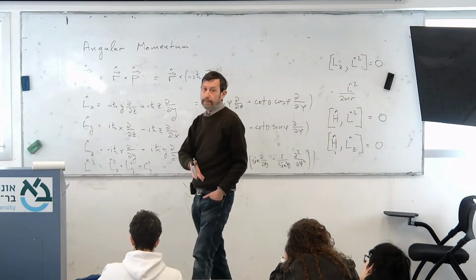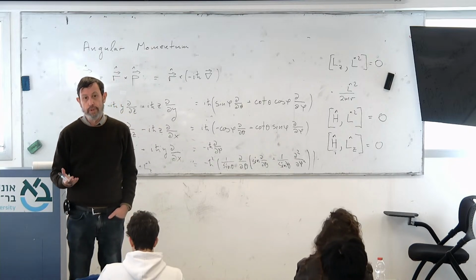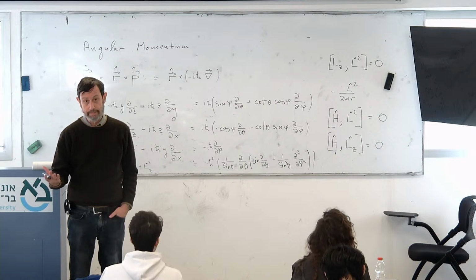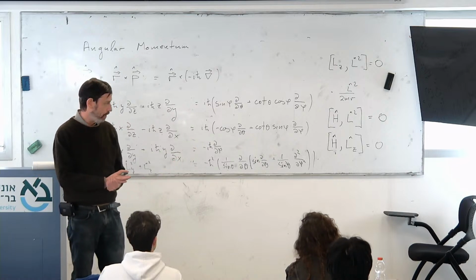The part that depends on R commutes with Lz, and Lz commutes with L squared. So the commutation there is 0.